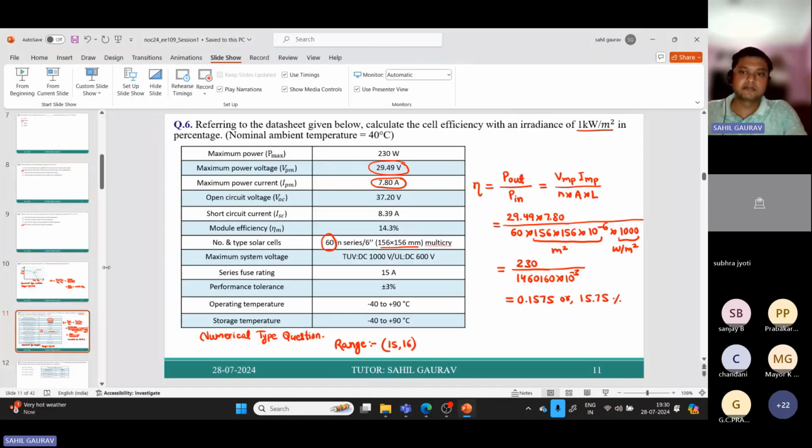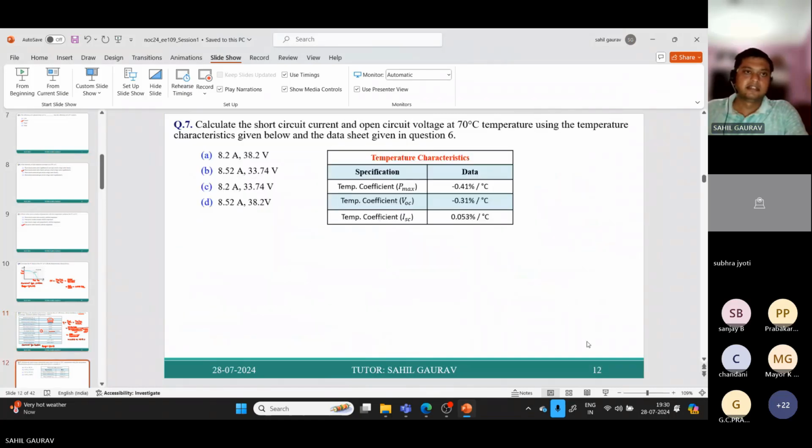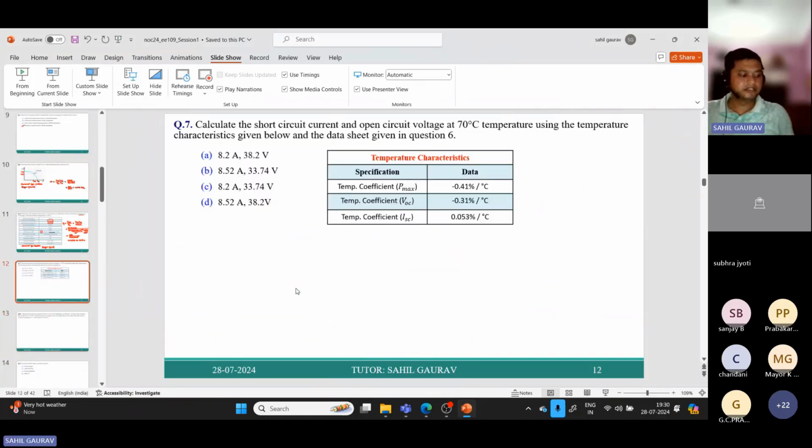Now coming to the next problem. You need to calculate the short circuit current and open circuit voltage at 70 °C temperature using the temperature characteristics given below and the data sheet given in question 6.